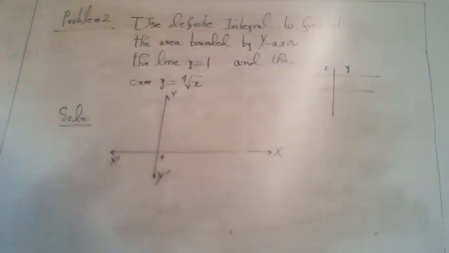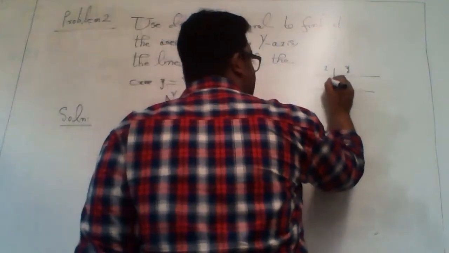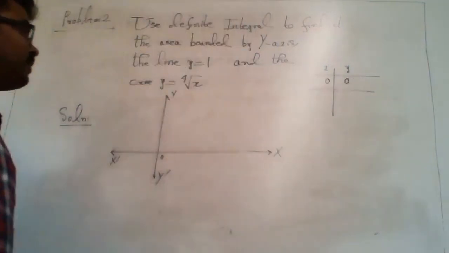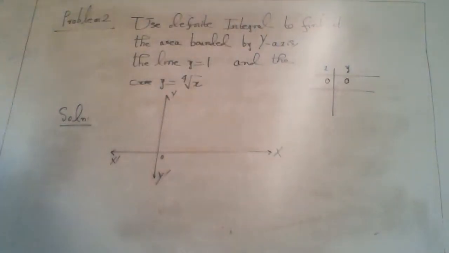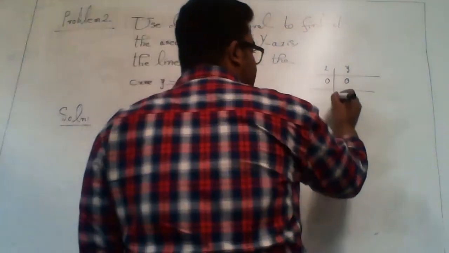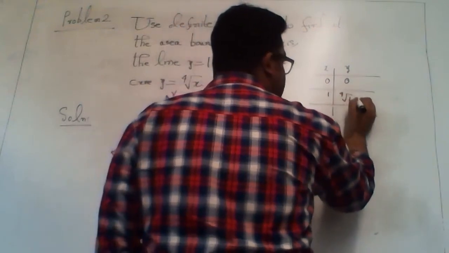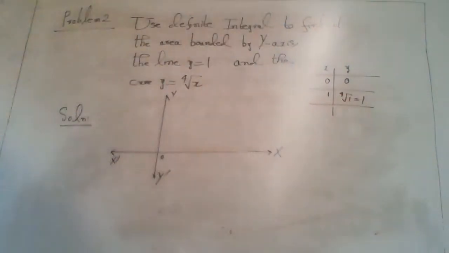If I take x equals 0, the value of y I get is 0, right? If I take x equals 1, the 4th root of 1 will also be 1, right?